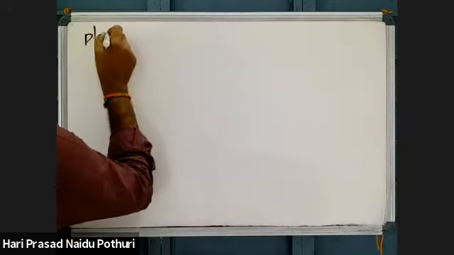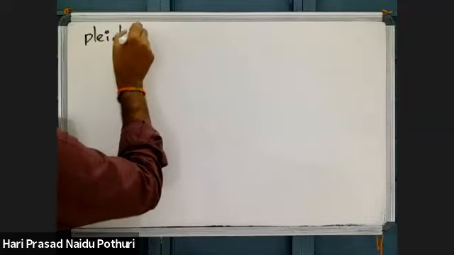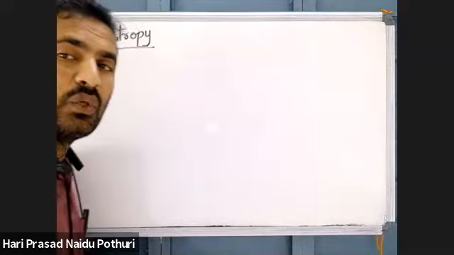Okay. Then the next one is pleiotropy. What does pleiotropy mean? Normally we know one gene can control one character.